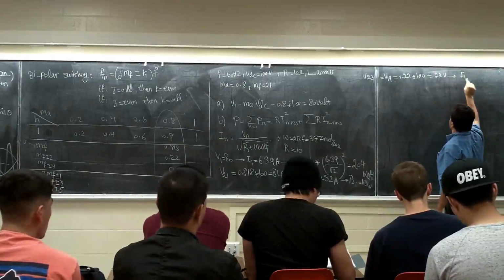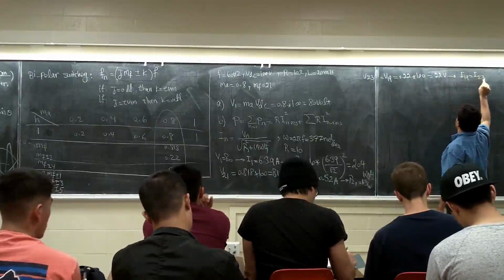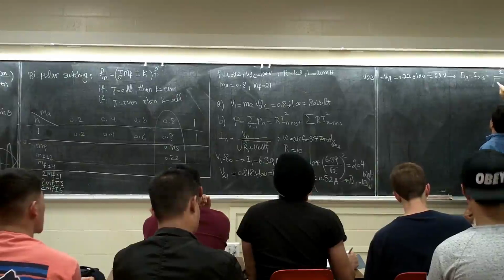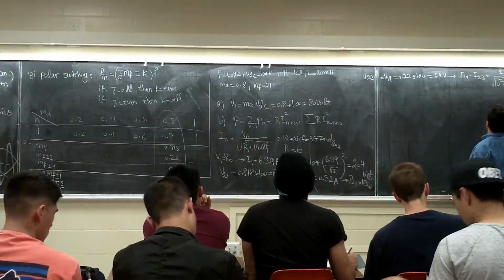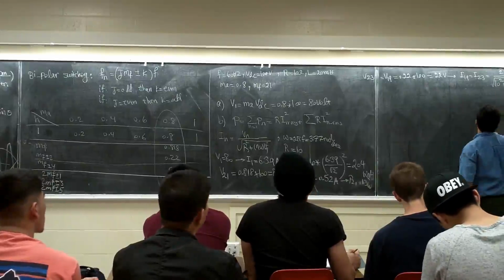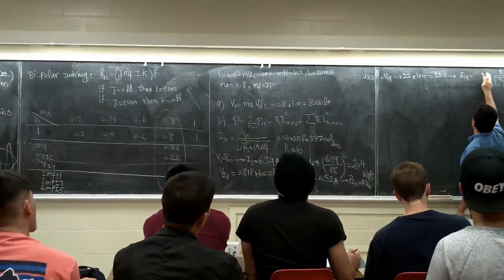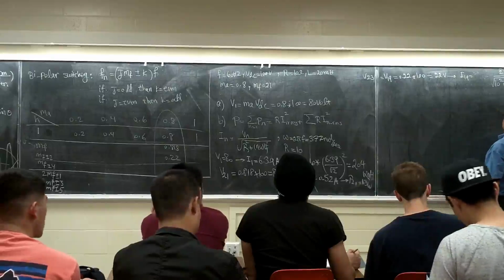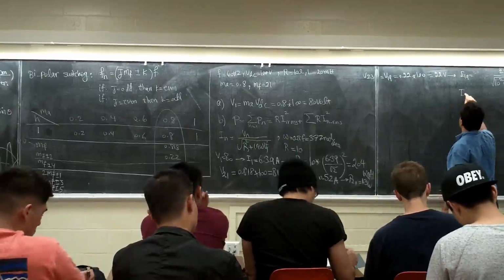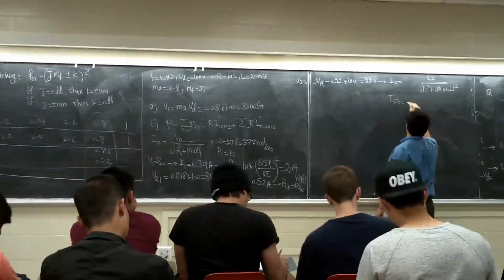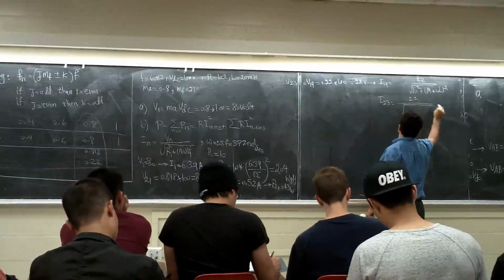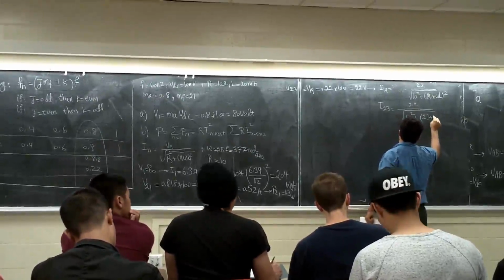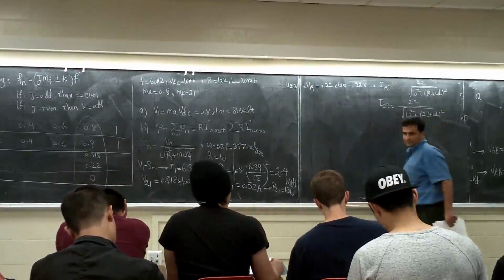How much is the I-19 and I-23? We cannot write it this way. It is going to be 19 times omega L, right? And I-23 is going to be the same thing, with 23.